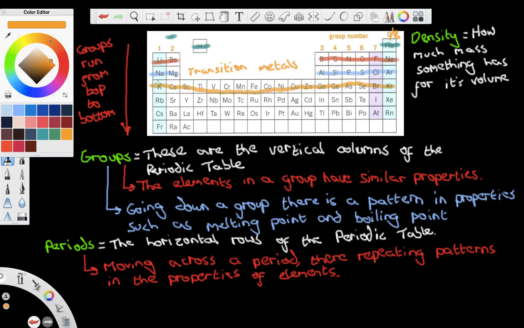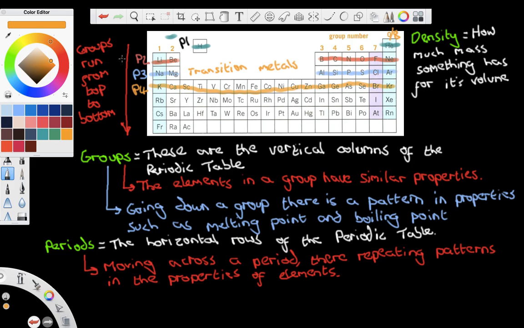And so on and so forth. Okay? So we can write on here that this would be period 1, these would be period 2, this one would be period 3, this one would be period 4, and so on and so forth.